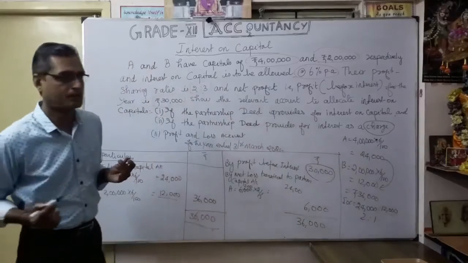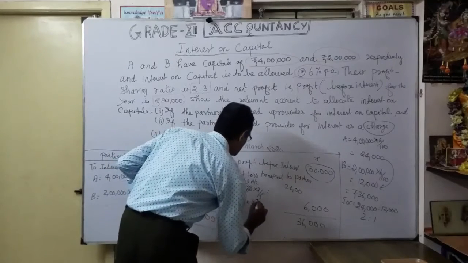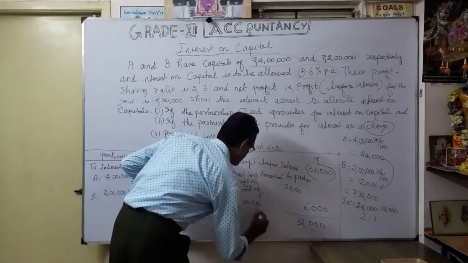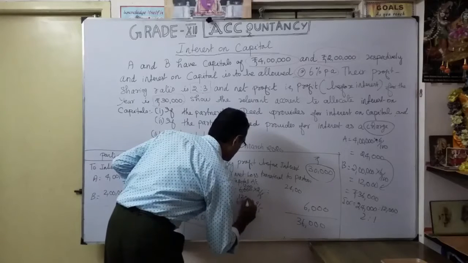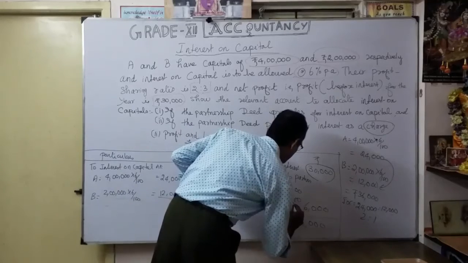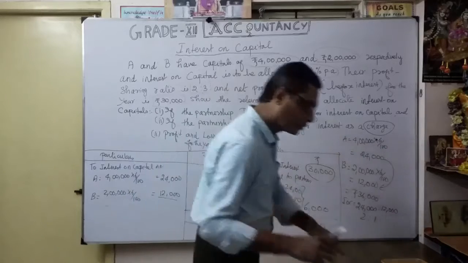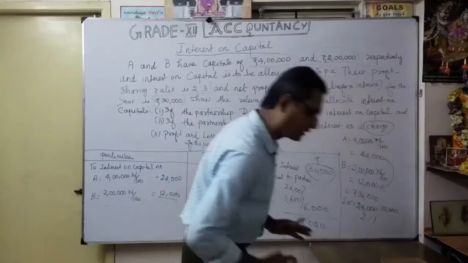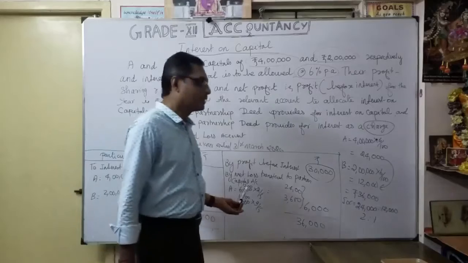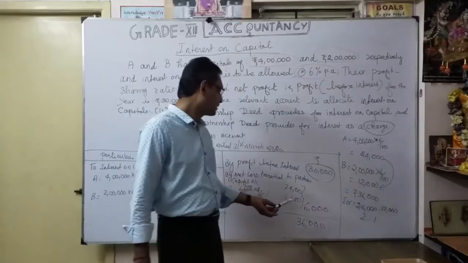That is A. Then B: similarly 6,000 into 3 by 5, 1,200 into 3, 3,600. So the loss is distributed as 2,400 and 3,600, by net loss transferred to partners capital account. A is sharing loss of 2,400 and B is sharing loss of 3,600.